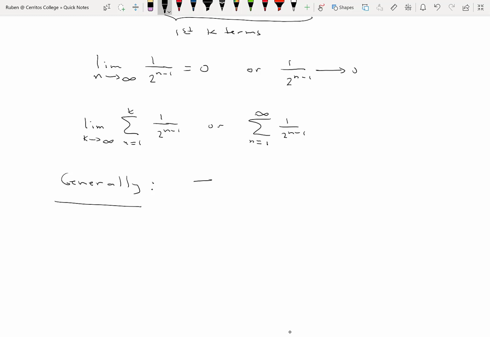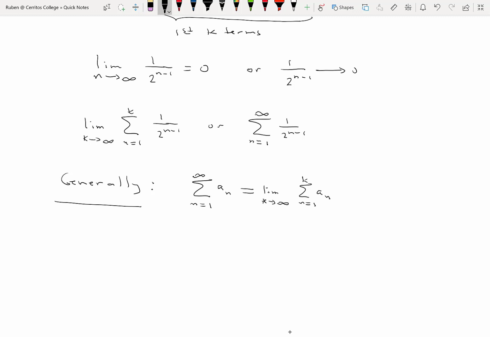Okay, so in general, the sum of a sub n as n ranges from 1, and by the way, n doesn't have to start at 1, but we'll follow our author's lead, and very often in this course we have n starting at 1 or 0, but n can start at 5 or 15 or 500,000. This equals the limit as k approaches infinity of the sum of the first k terms of the series.